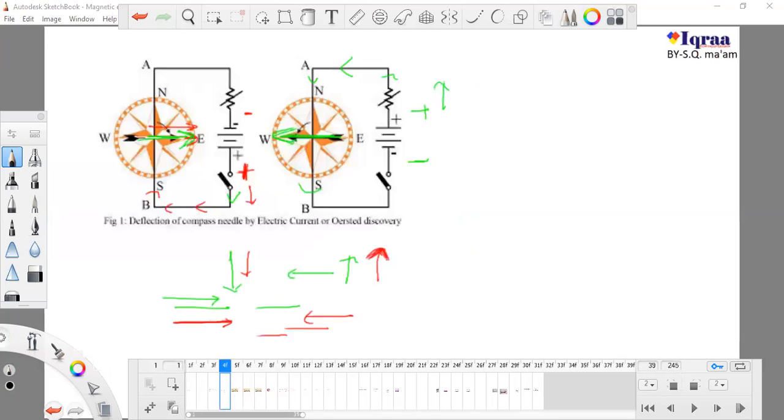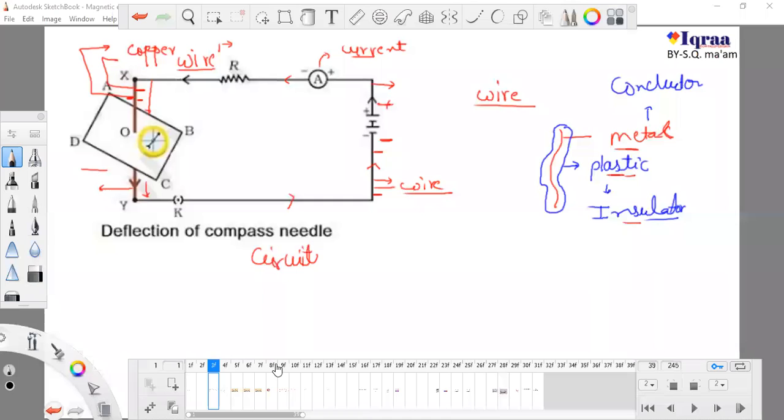Now look, this is a simple circuit, and this circuit is conducting electricity.